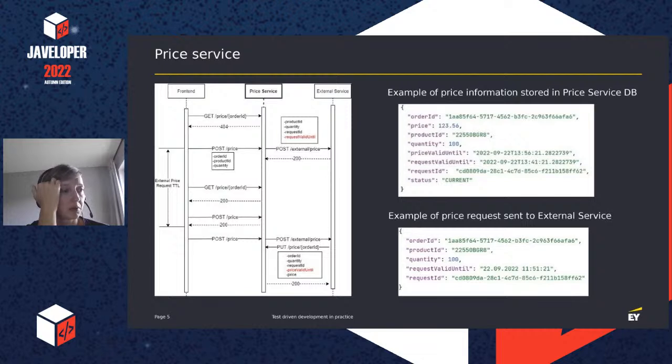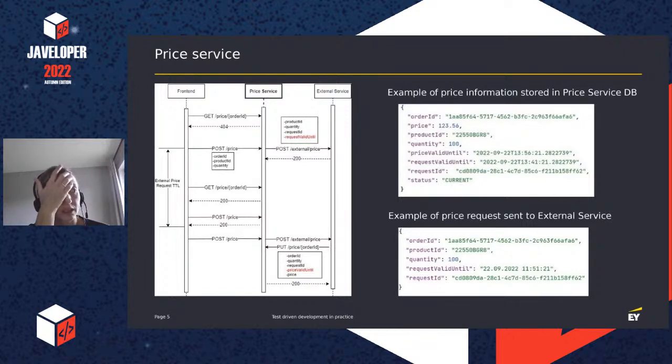It means that we will return a price DTO with status requested and all other information stored in the database. If we receive a GET request, we return the information stored in the database for the provided order ID. After the timeout expired, we can send a new POST request to the external service when we receive a POST request from the front end.